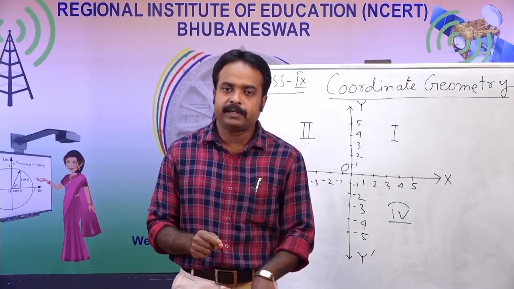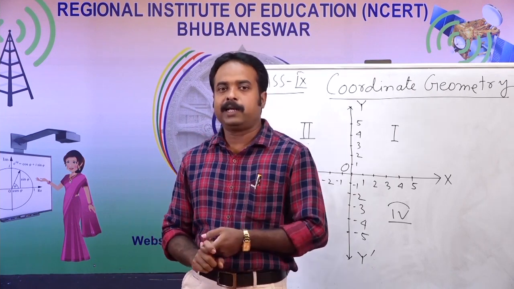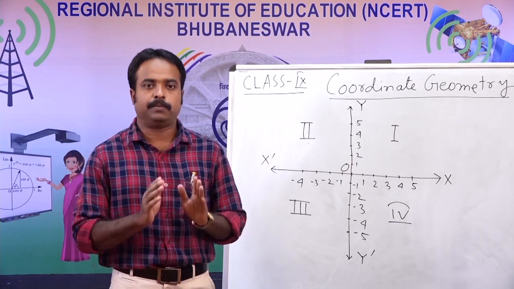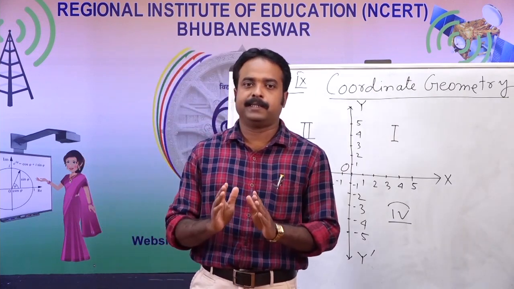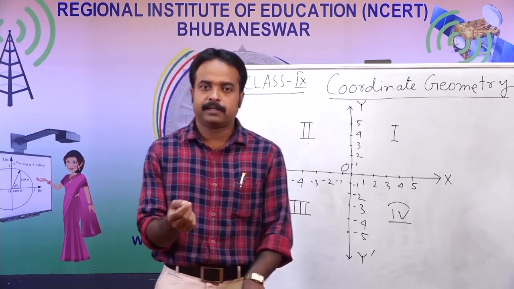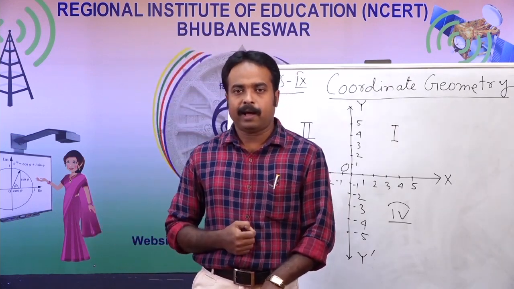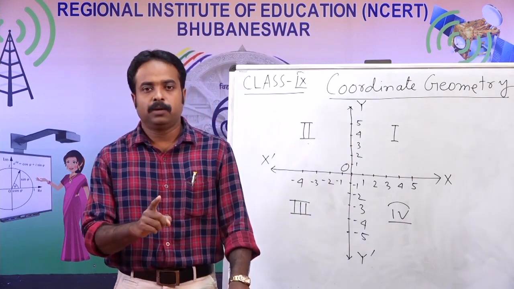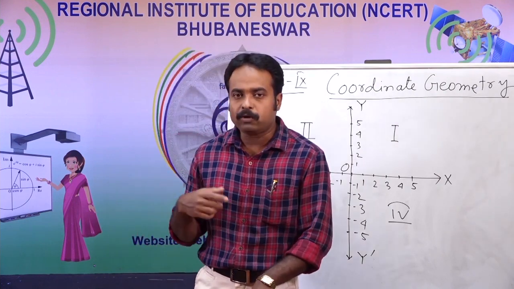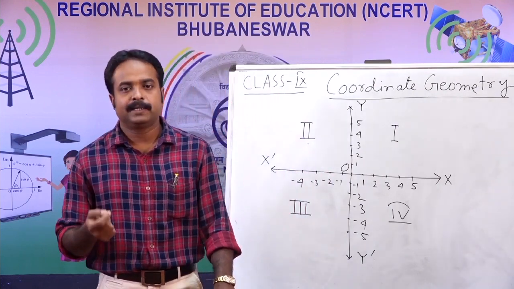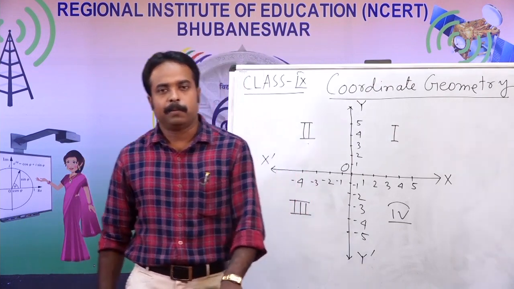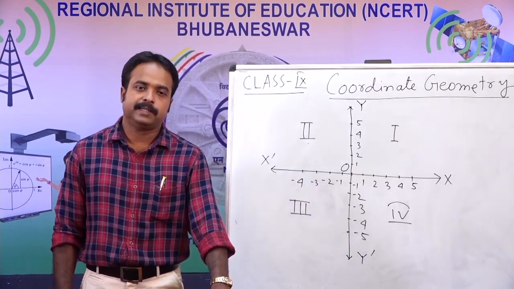In the third quadrant, x is negative as well as y is negative. So the distance of G from the y-axis is 2 units. Therefore the x coordinate will be -2, and the distance of G from the x-axis is 6 units, so the y coordinate is -6. Therefore the coordinates of G are -2, -6.